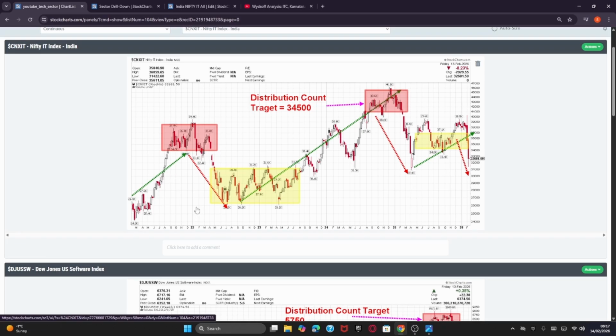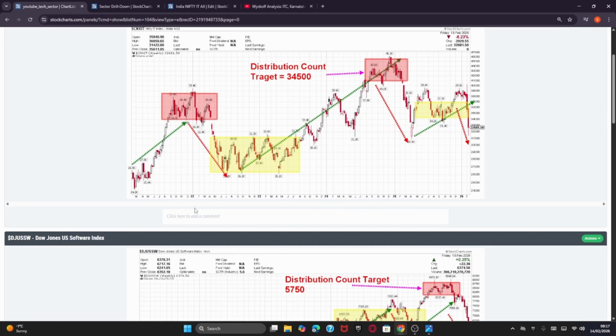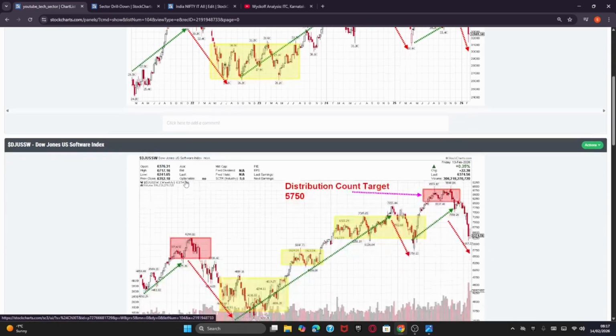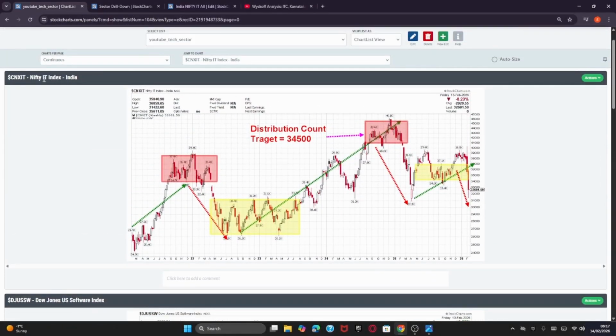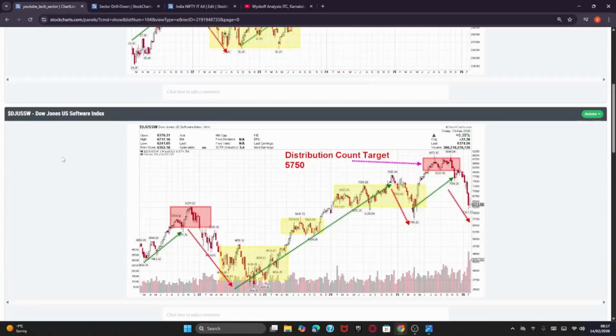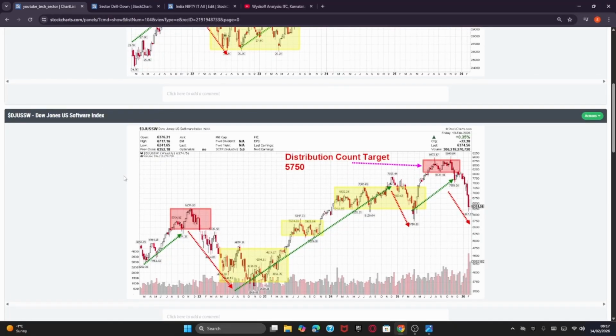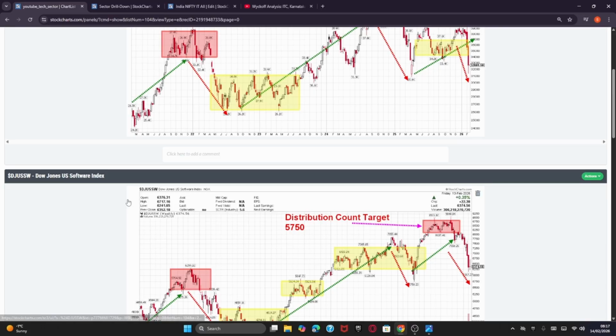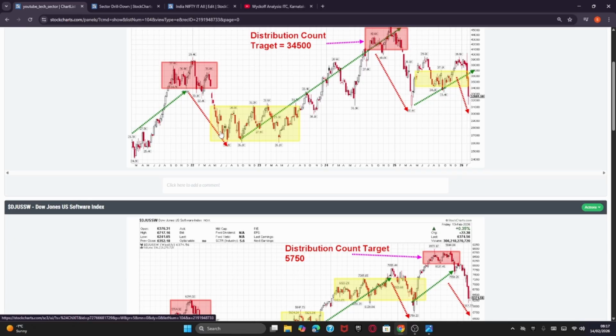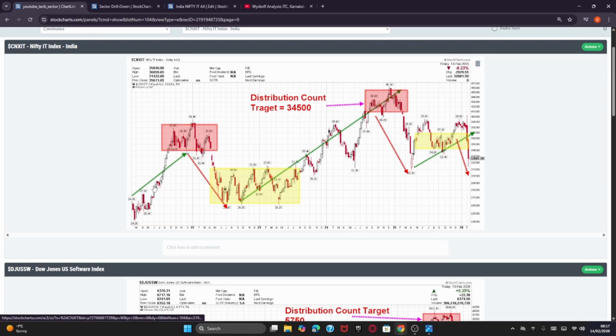What you have to look at here is the resemblance, or the correlation, between the Indian IT sector and the US software sector. The markup and the market cycles match pretty much exactly, with a little offset between these two indexes.